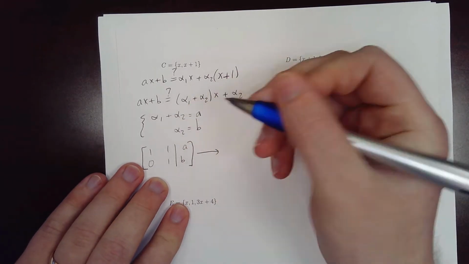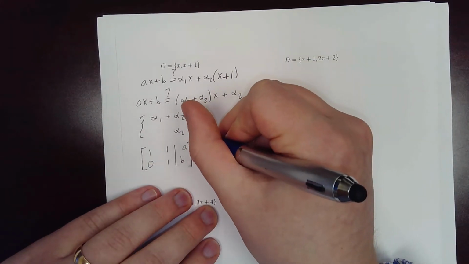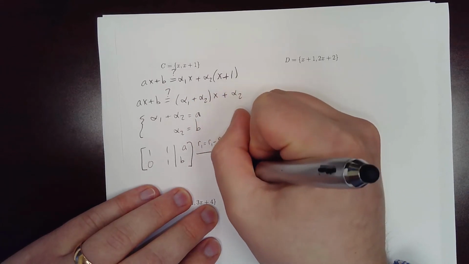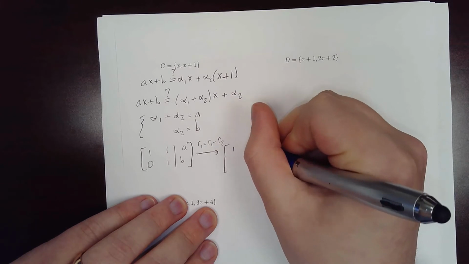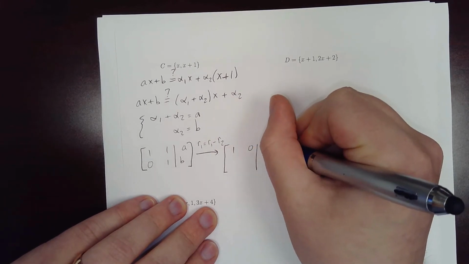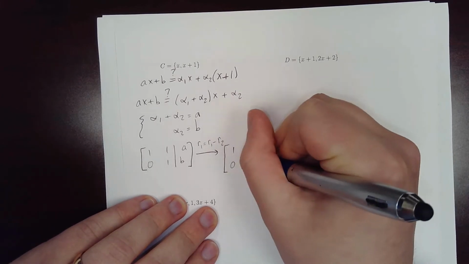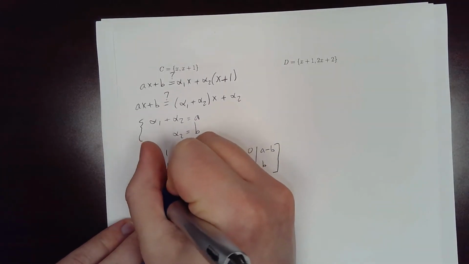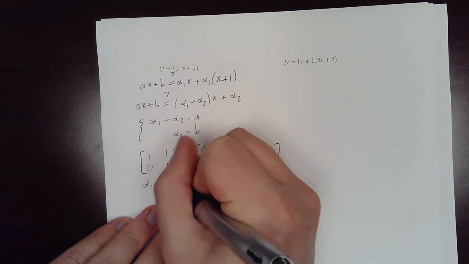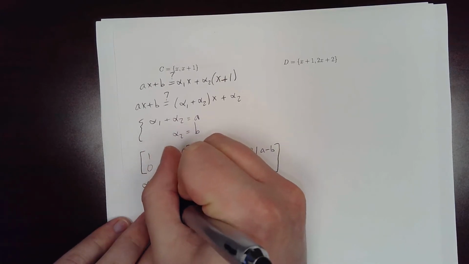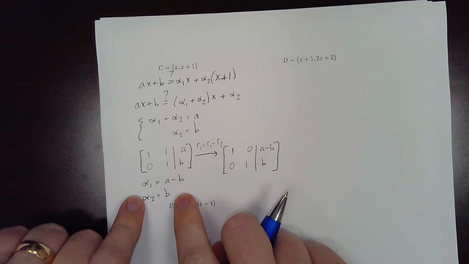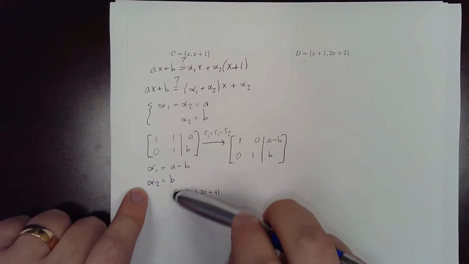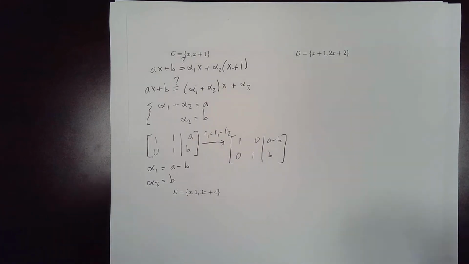If we want to row reduce this, all we need to do is set row 1 equal to row 1 minus row 2, and we'll end up getting 1, 0, a minus b, 0, 1, b. And so here, alpha 1 equals a minus b, and alpha 2 equals b. So no matter what a and b are, I can tell you what alpha 1 and alpha 2 will have to be.